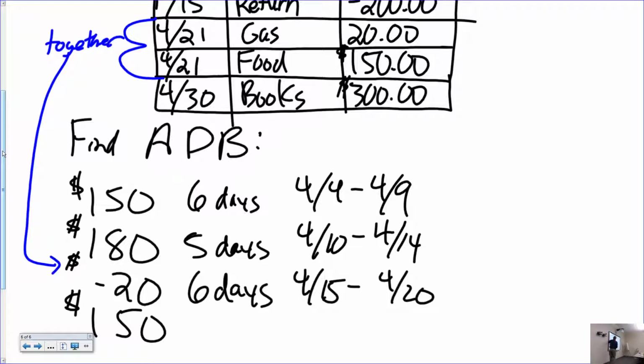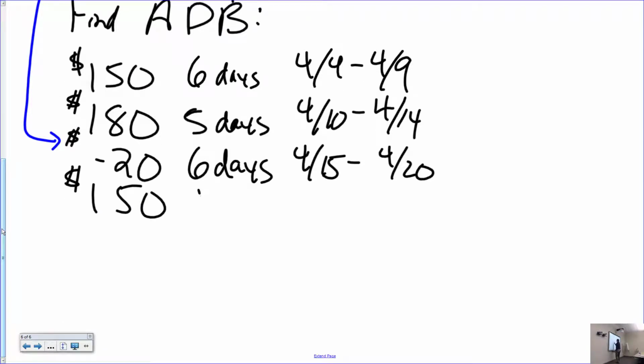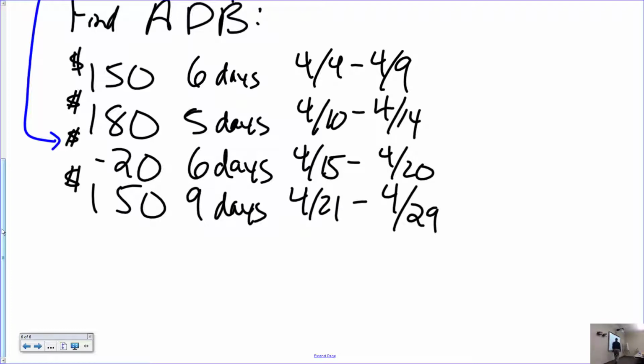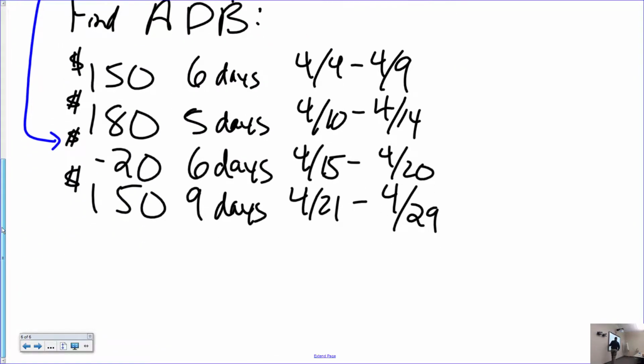Now, how many days does that last? 9. From the 21st to the 29th. And what's my last number? 450. And how many days does that one go? 3.